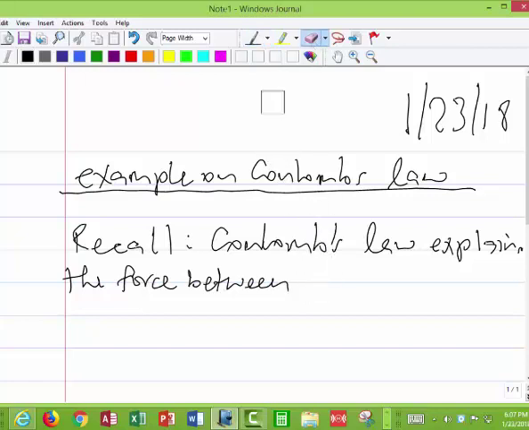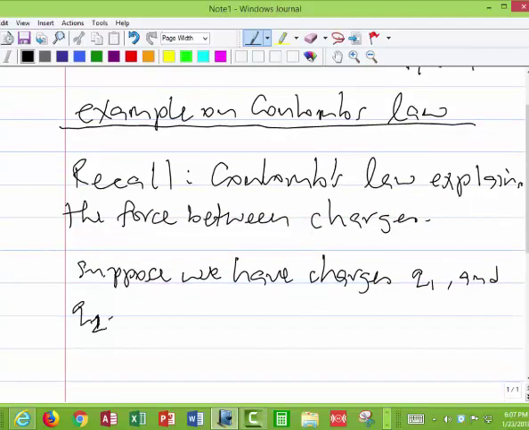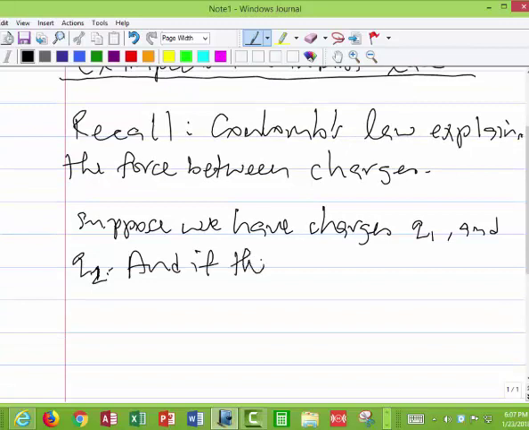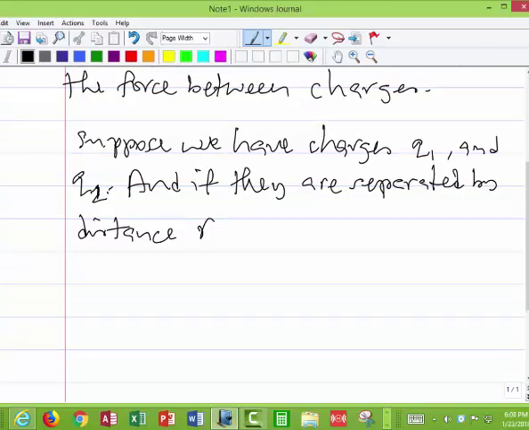Suppose you have two charges, Q1 and Q2, separated by a distance R.